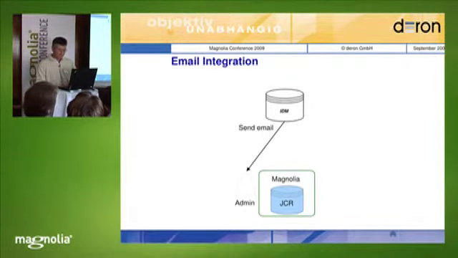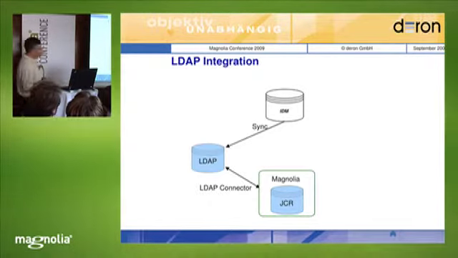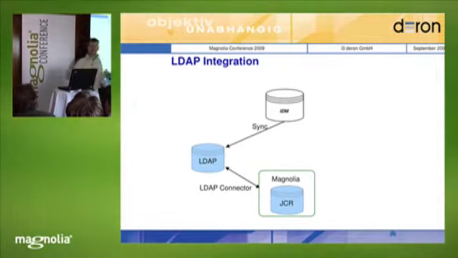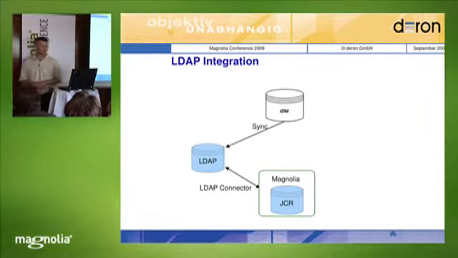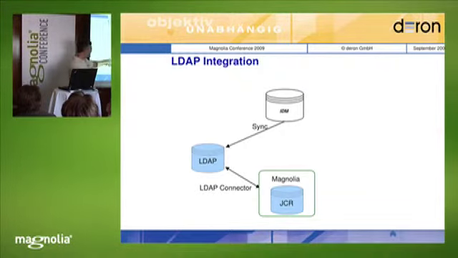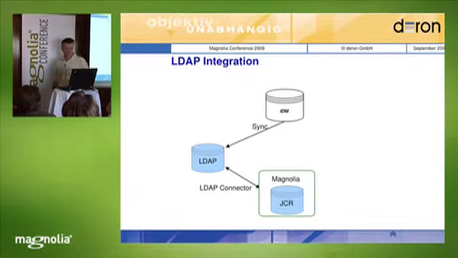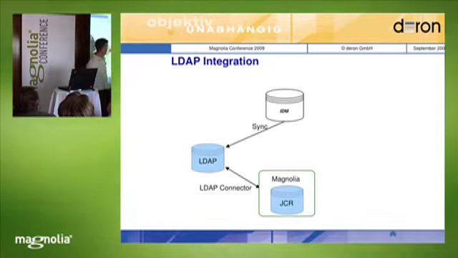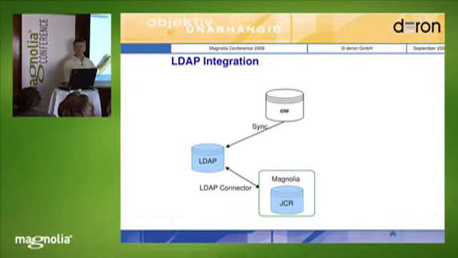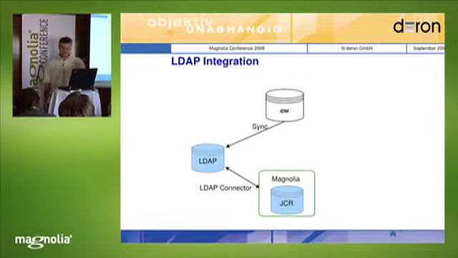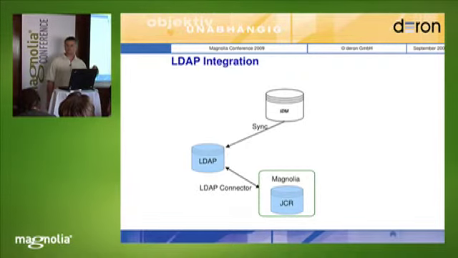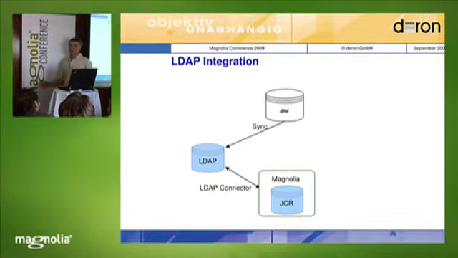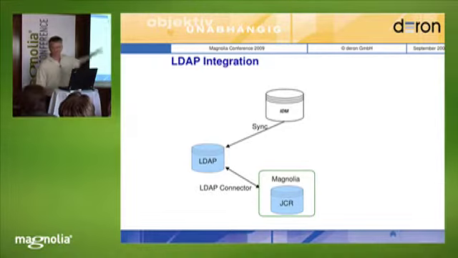The next possibility is, if you use the JAAS functionality of Magnolia, you can use LDAP for authentication and authorization, and you can just write to this LDAP system. And the reason why this is nice is because all the identity management solutions have LDAP connectors. So it's very simple.